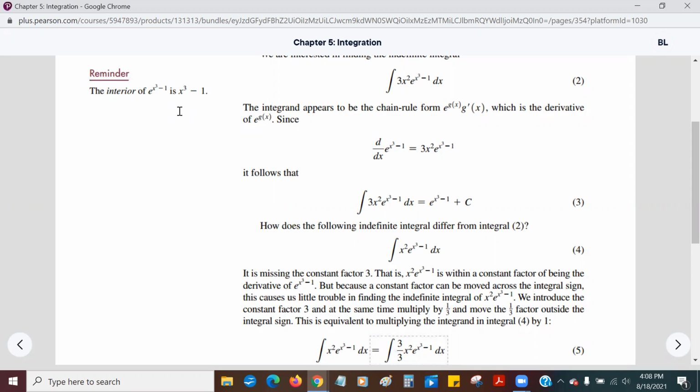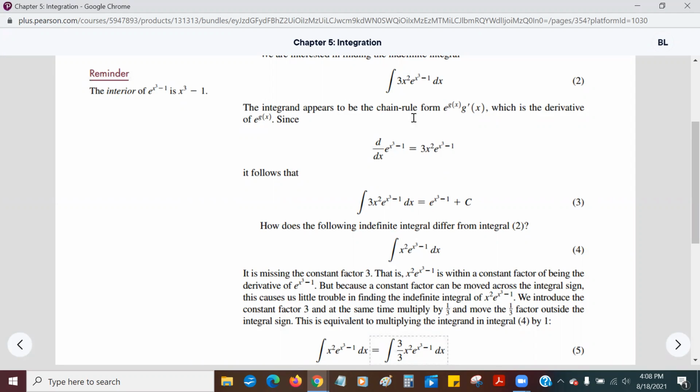The inner function is x cubed minus 1. Now, if I take the derivative of e to the x cubed minus 1, I get the same function, but then I have to multiply it times the inner derivative. The inner derivative is 3x squared, because when I take the derivative of x cubed, I get 3x squared, and when I take the derivative of minus 1, it just disappears.